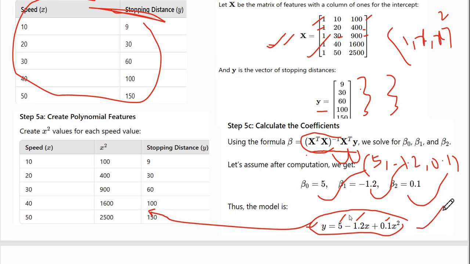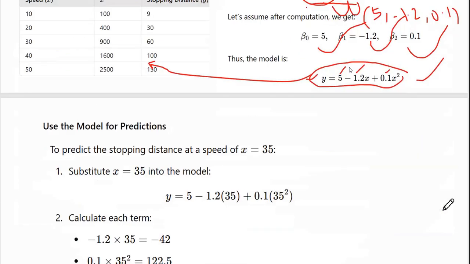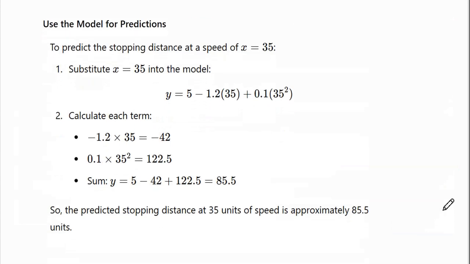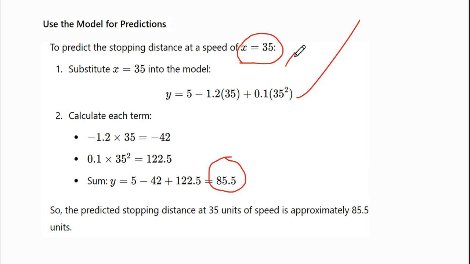By using this model equation, we are predicting the value for a new data point. For example, if I give the data point x value as 35, what is the stopping distance? Simply we substitute x equal to 35 into that equation. We get a value of 85.5 as the stopping distance for the given value 35.